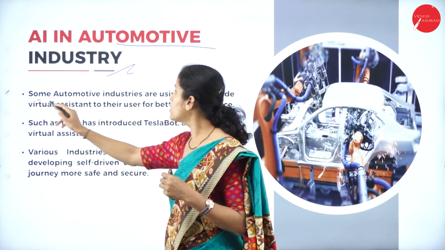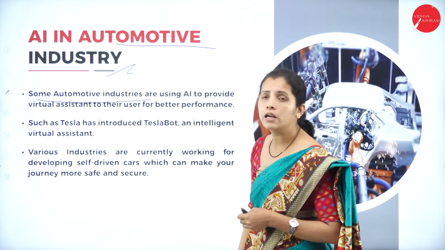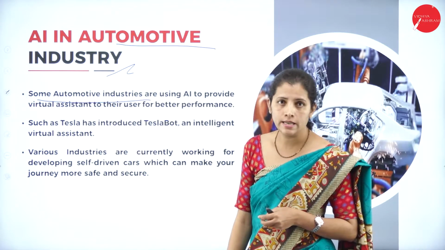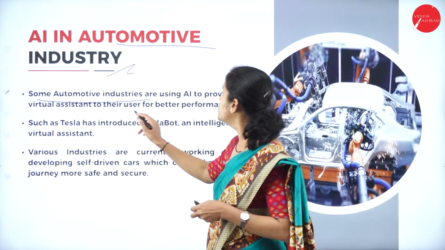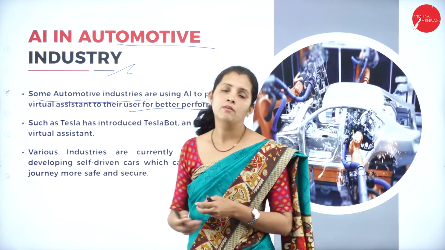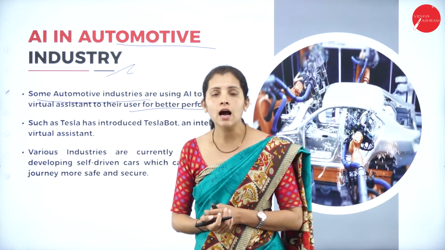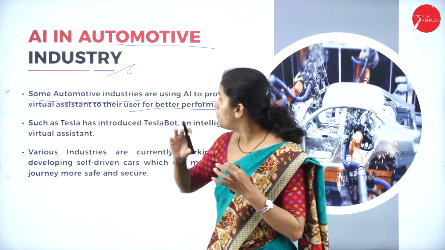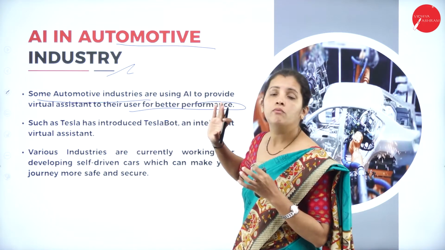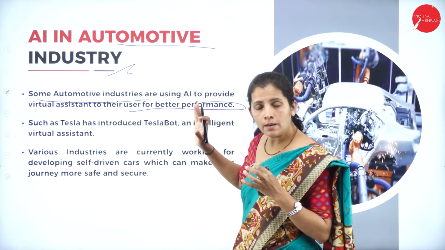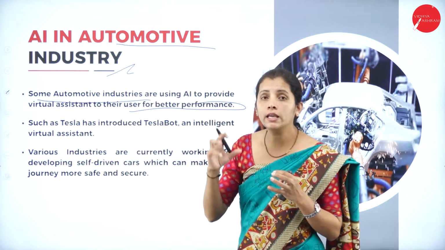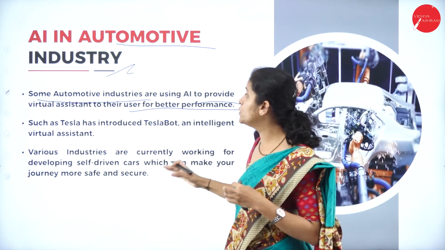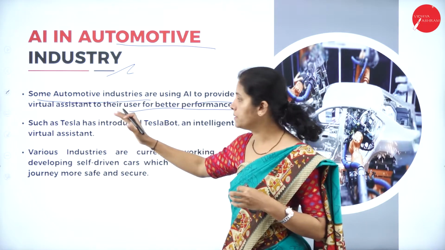So some automotive industries are using AI to provide a virtual assistant to the user for better performance. Now, if I consider Amazon, to provide a better working environment or better experience to the customer, they are going to use a virtual assistant.